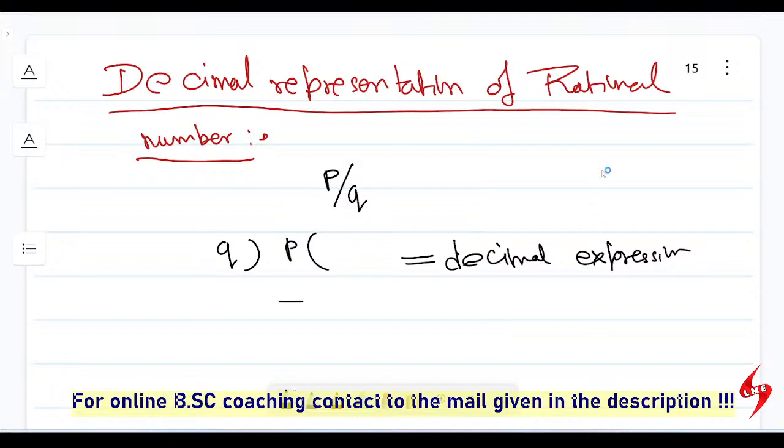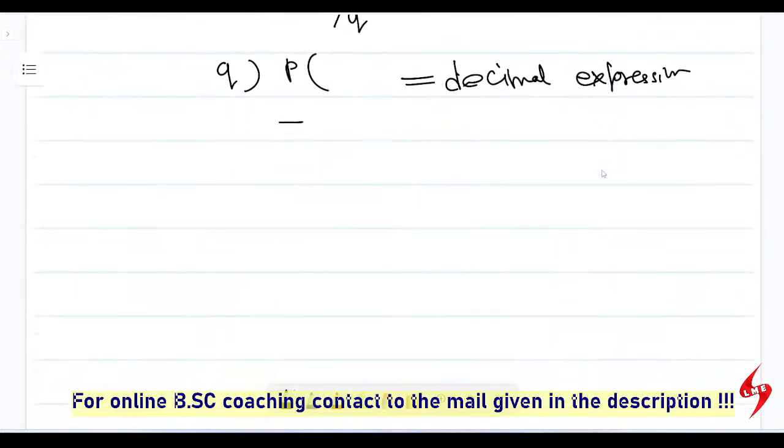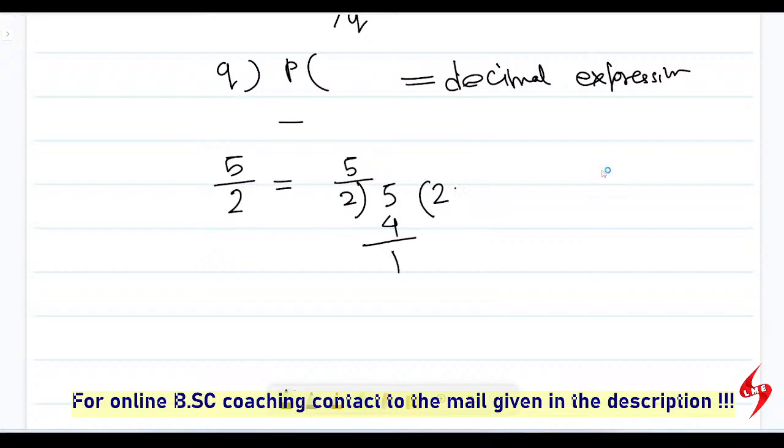Now, if I have a rational number like 5 by 2, it can be written like this: 2 twos are 4, remainder 1. Then I take the decimal, put a 0 here, and 5. That's how I can easily get the decimal expression.